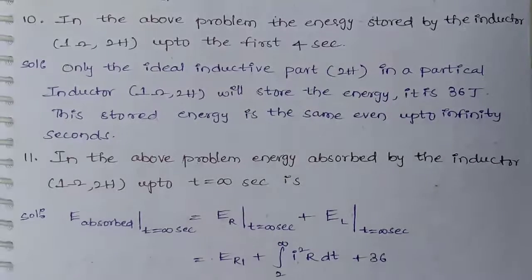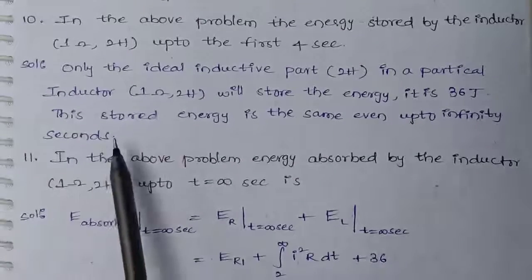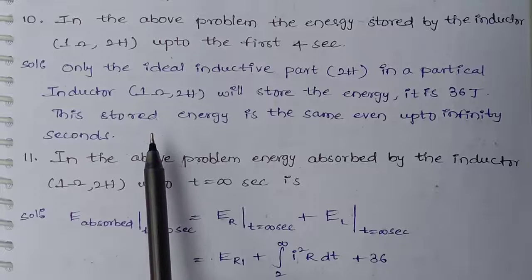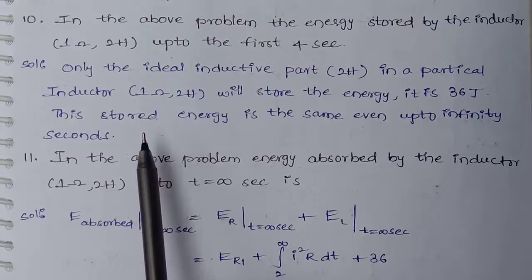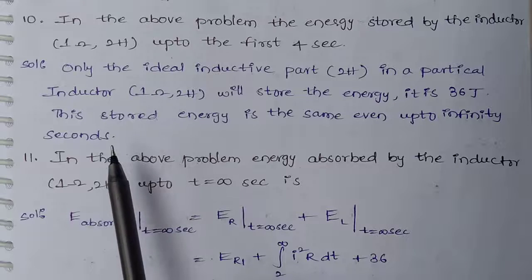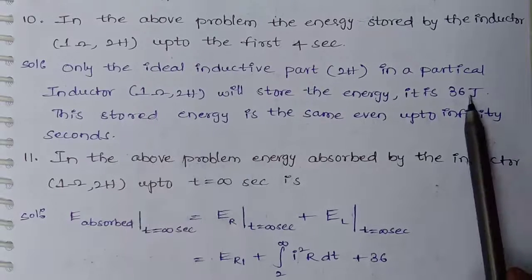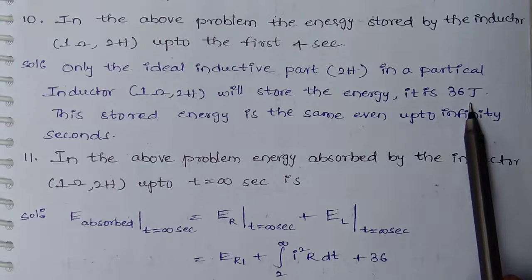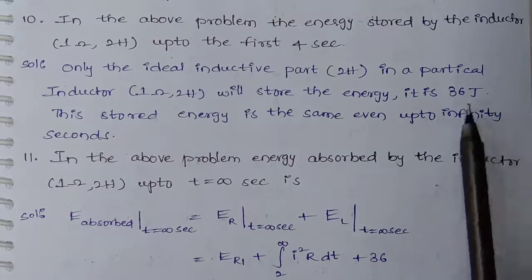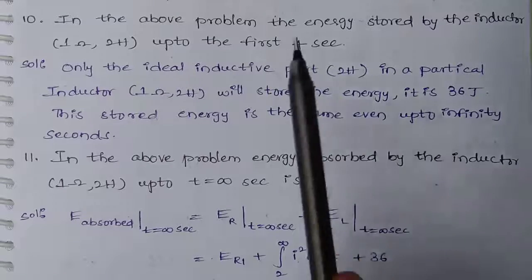Okay, now here you can see that the next point is, whenever the inductor is charged, the energy stored by the inductor is constant up to infinity seconds. This energy is going to be constant up to infinity seconds. Okay, this is the solution for this question.